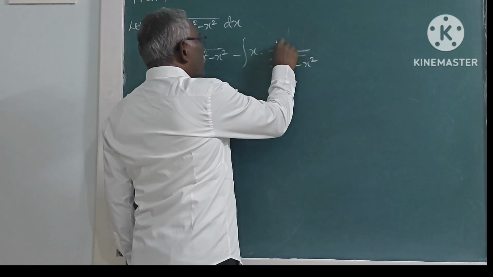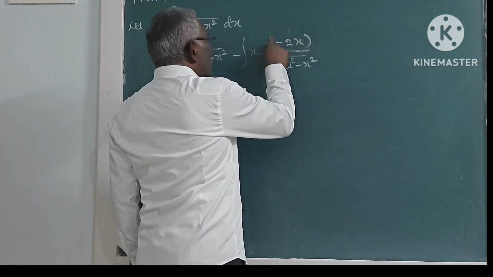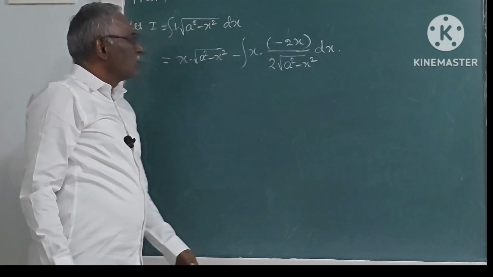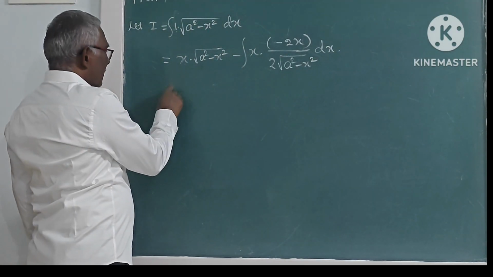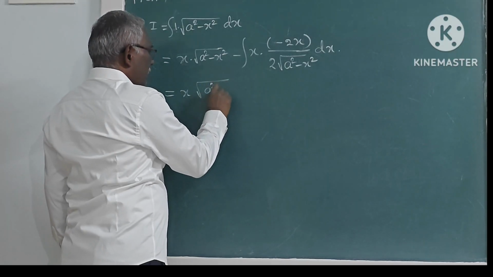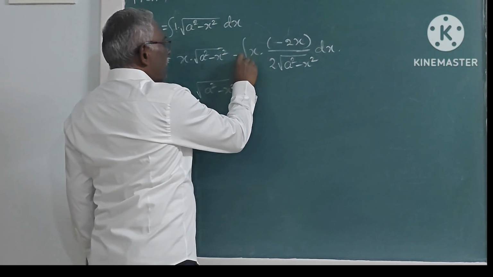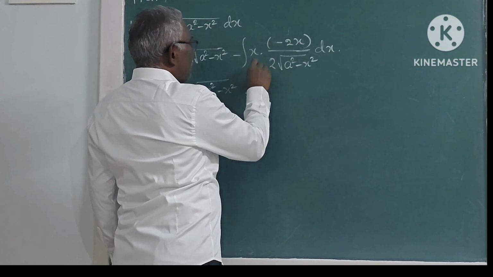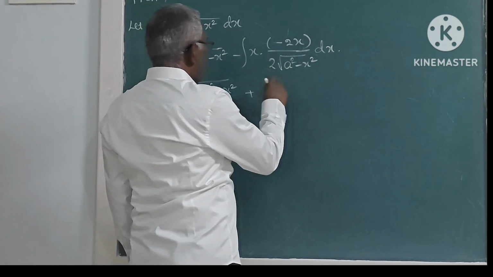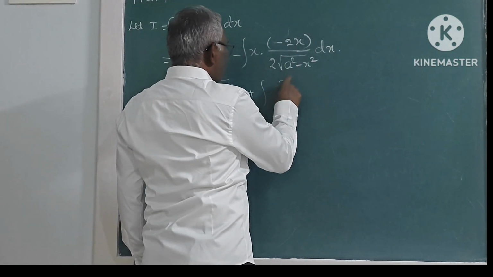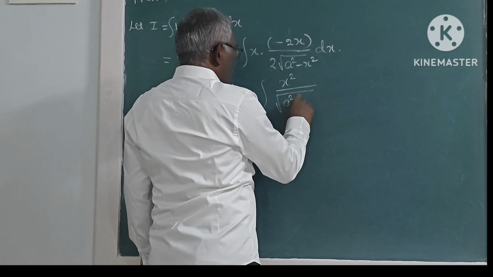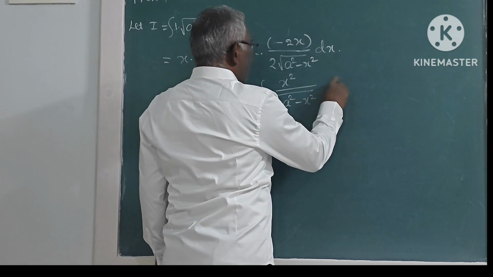So it will be minus 2x dx. So we can write this as x into square root of a square minus x square, minus into minus plus, 2 gets cancelled, then integral x square by square root of a square minus x square dx.